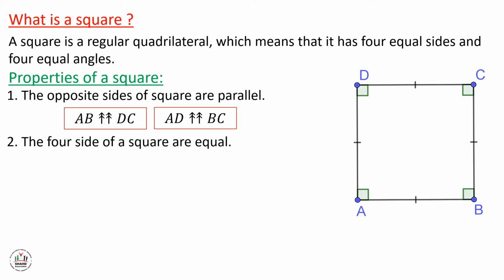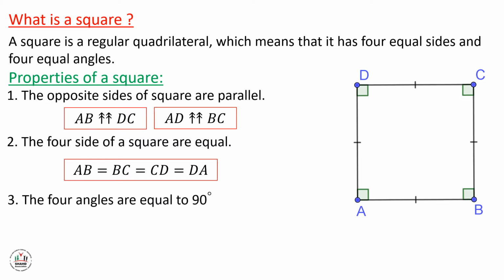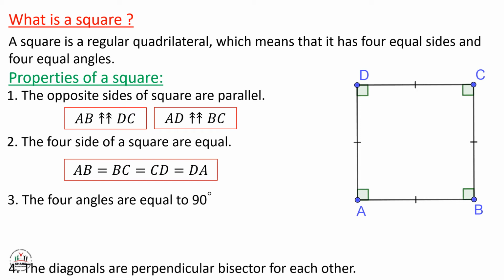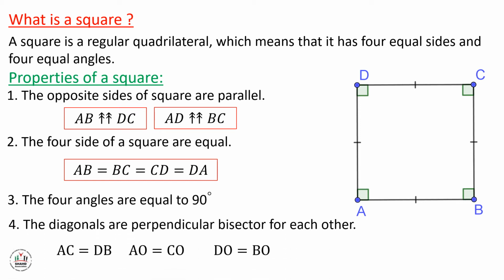The four sides of a square are equal. AB equal to BC equal to CD equal to DA. The four angles are equal to 90 degrees. The diagonals are perpendicular bisector for each other.